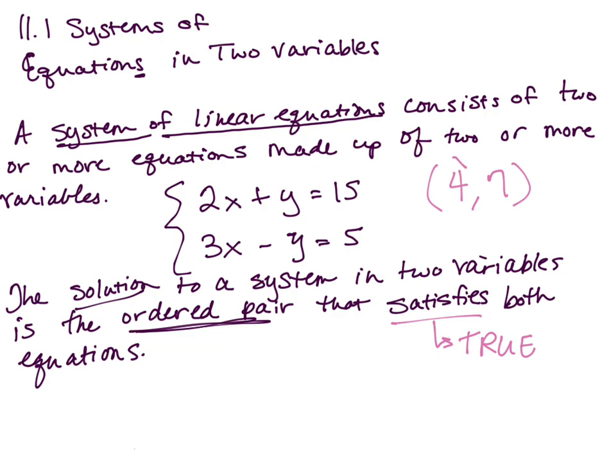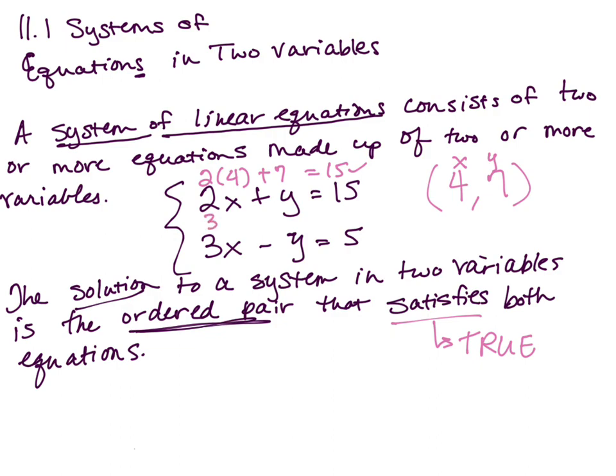So for x, I'm going to put 4. And for y, I'm going to put 7. So on the top equation, I've got 2 times 4 plus 7. It's 8 and 7, 15. So that one is true. It works. But for it to be the solution, it's got to work on both equations.